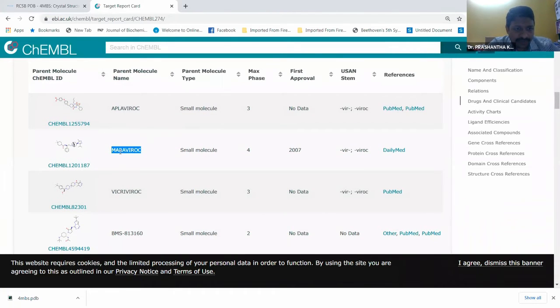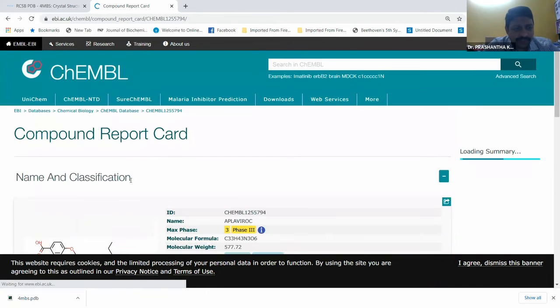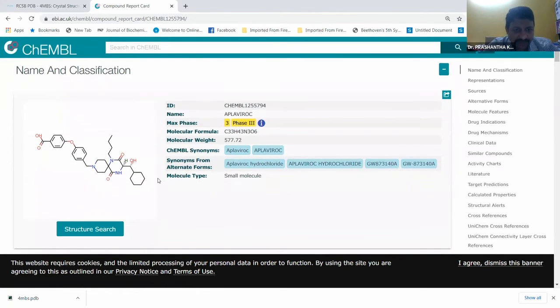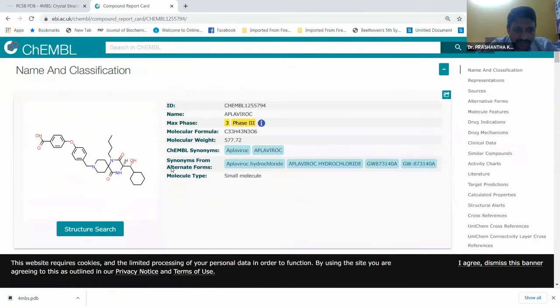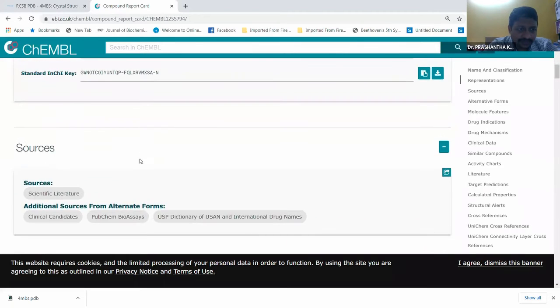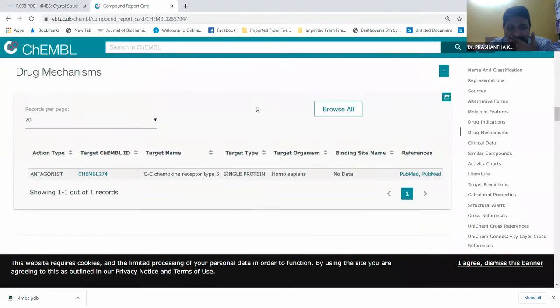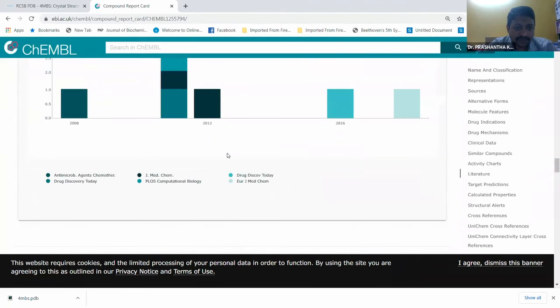Let us say the Maraviroc we have already used, right? So Aplaviroc is another molecule. Let's see how and where this ligand is interacting with the protein. If that is the case, we can download this molecule. These are the related ones, similar compounds.